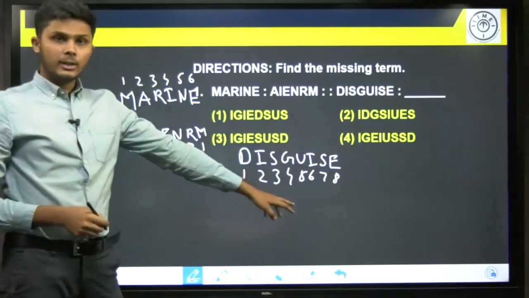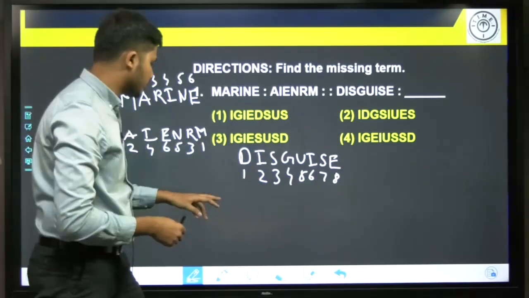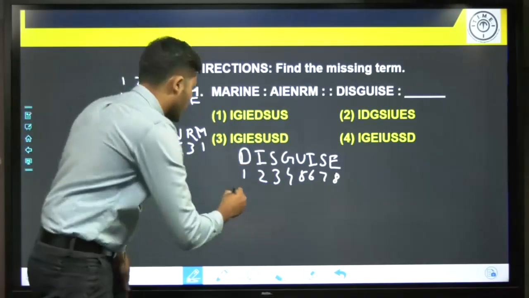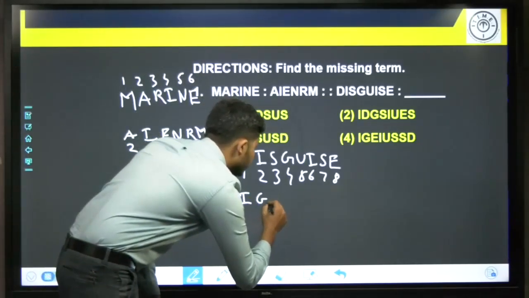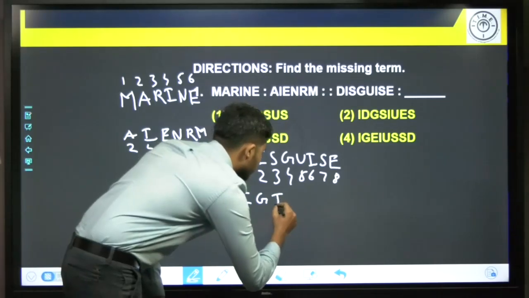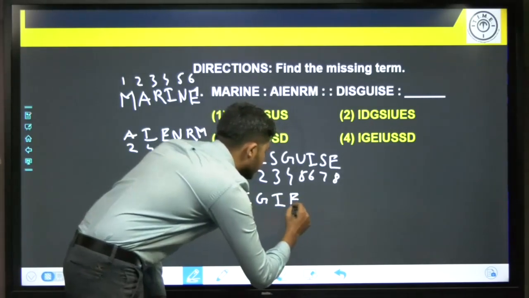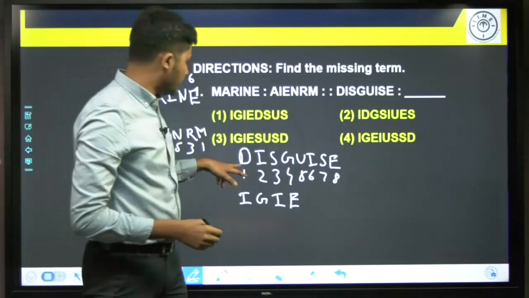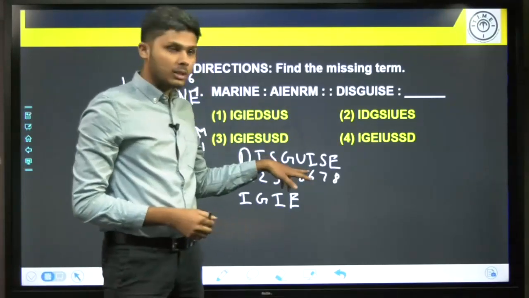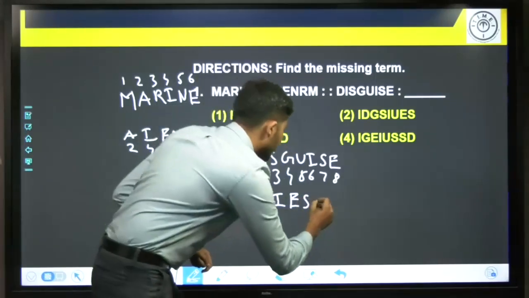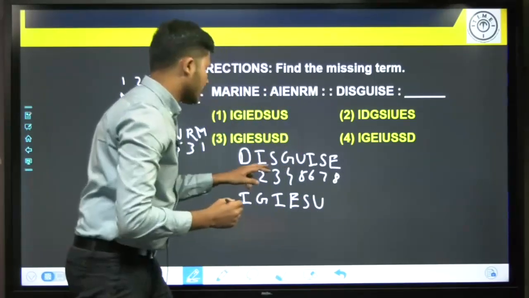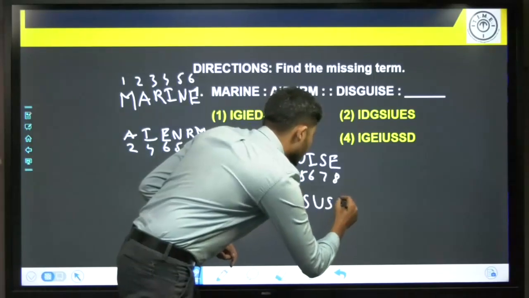Let's write the odd terms at the right hand, the even terms at the left hand. First let's start with the even terms. I, G I, E. Next odd, starting with the largest odd number 7, which is S, then 5 which is U, then S and D.